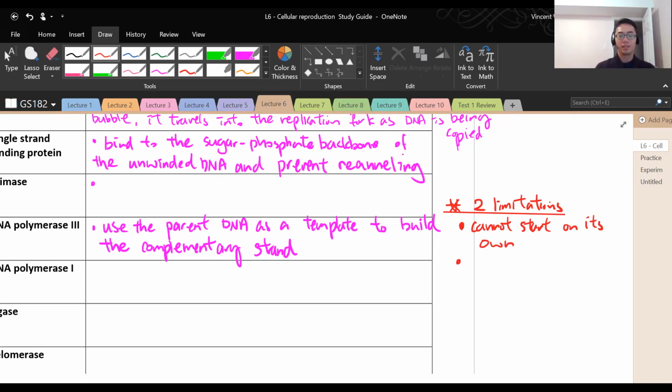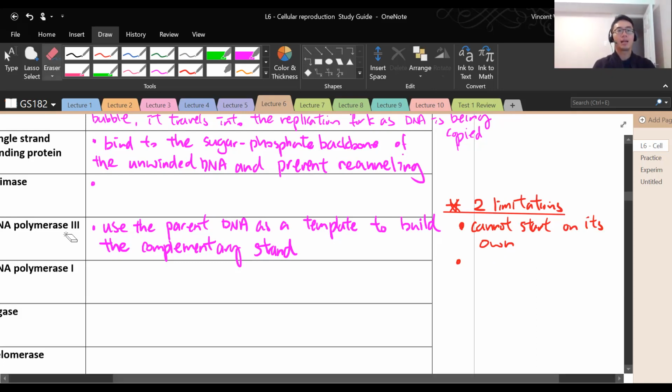Someone has to tell them to turn to the right page in the workbook and do the homework. That someone is like a parent, perhaps. DNA polymerase 3 is like that kid. It needs someone to tell it where to go. The second limitation is it can only build in the 5' to 3' direction.